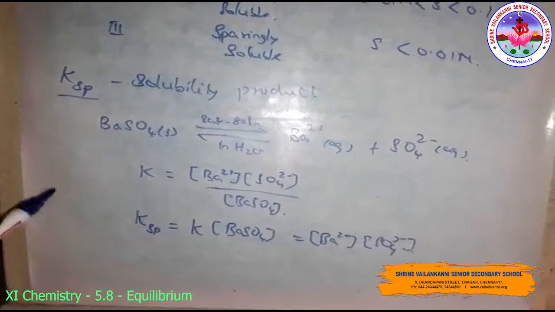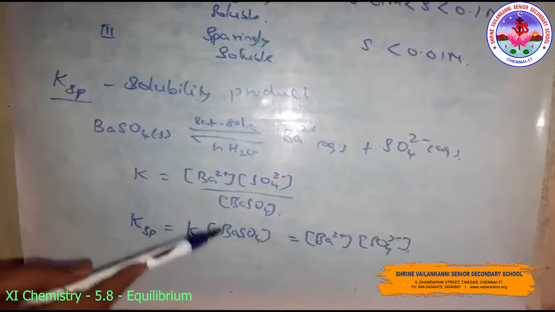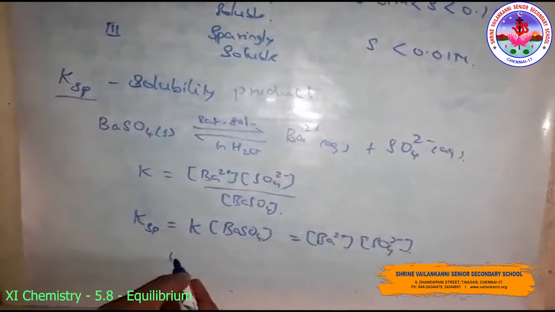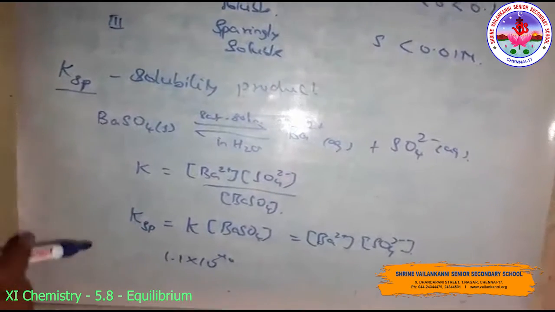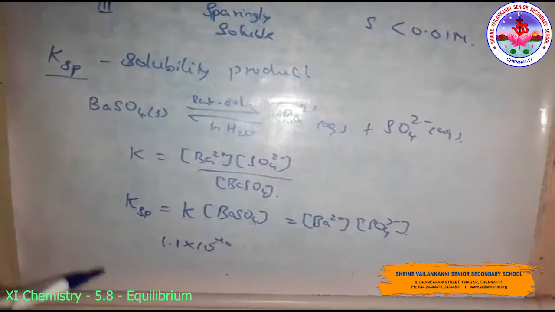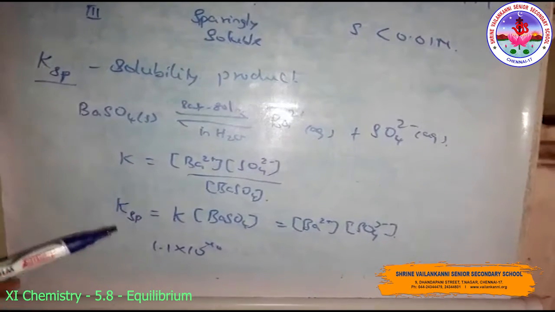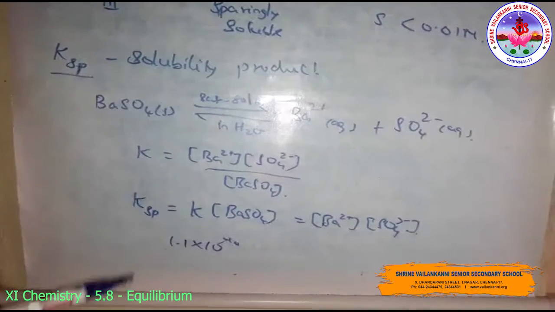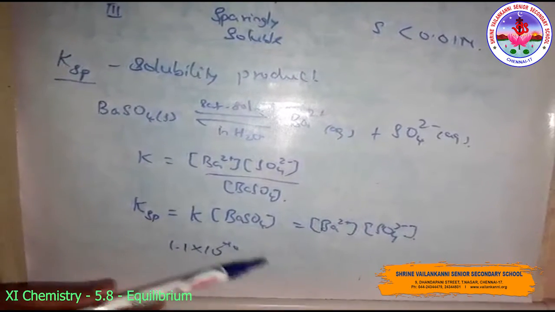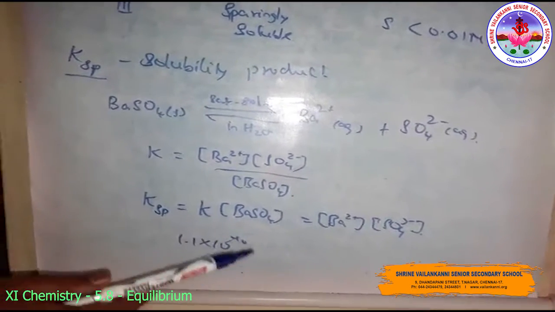The experimental value of Ksp at 298 Kelvin is 1.1 times 10 to the power minus 10. This means that for solid barium sulphate in equilibrium with its saturated solution, the product of the concentrations of the ions is equal to its solubility product constant.